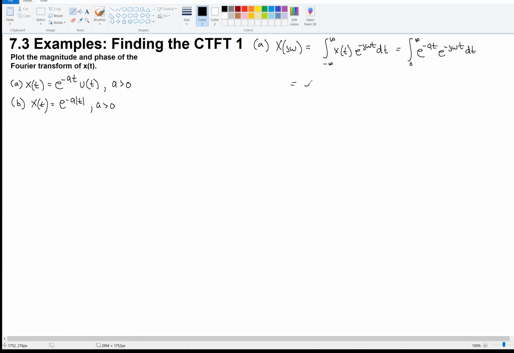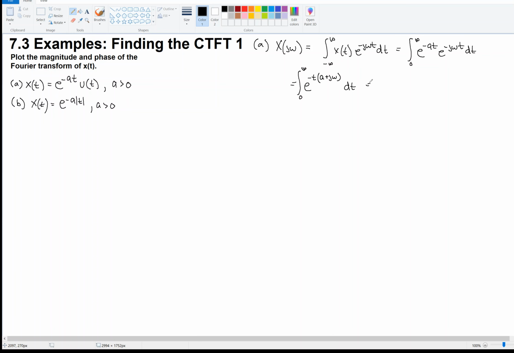Now, properties of exponents allow me to factor out the negative t from the exponent, so I have a plus j omega, like this, and the integral of that from 0 to infinity dt.